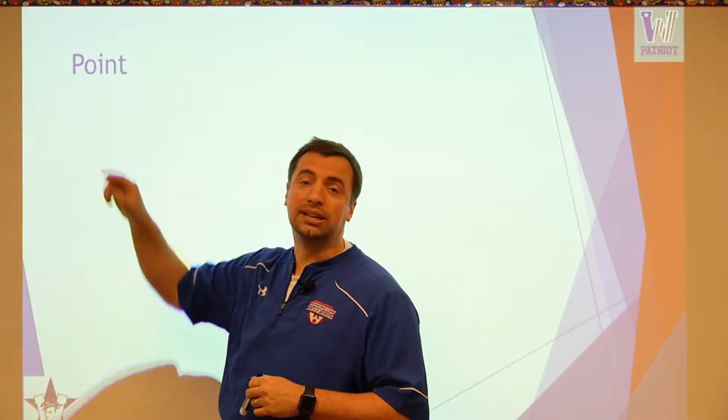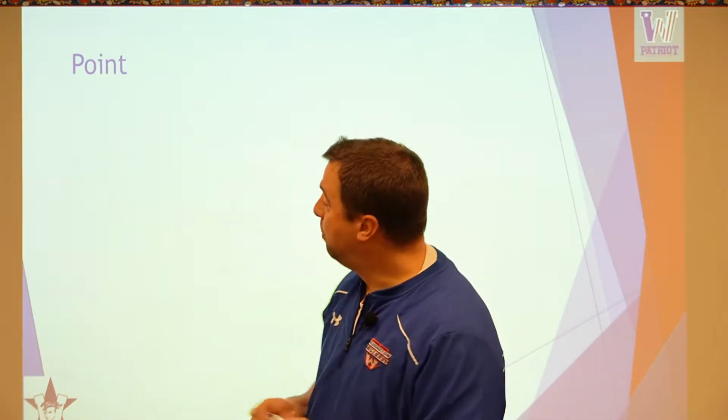All right, the first thing we have to talk about, the very basic, the first thing about geometry, is a point. Now, what is a point? A point is just simply a location. Think about when you're looking at a map, maybe at a bus station or a subway station, or in the car, or more on your phone, right?